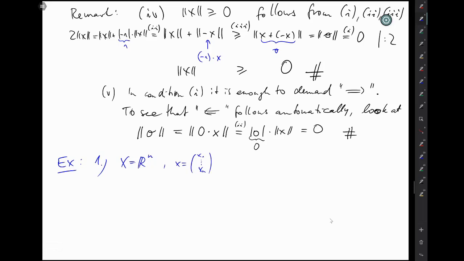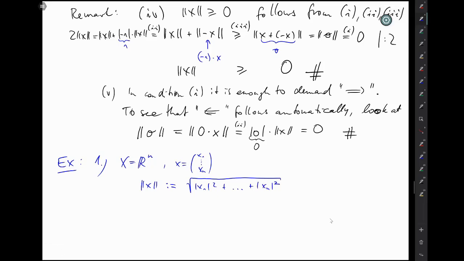And now let's look at the usual norm in there, which is the following. So the norm of this same vector x shall be defined as the square root of modulus first component squared plus and so on modulus last component squared.